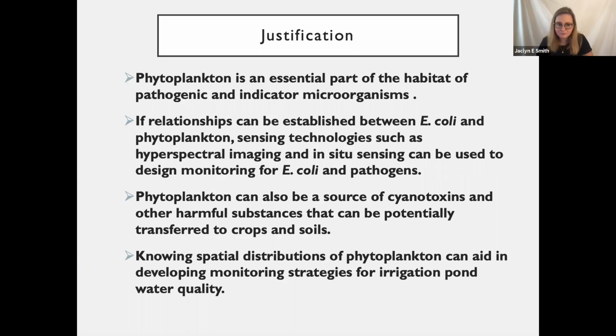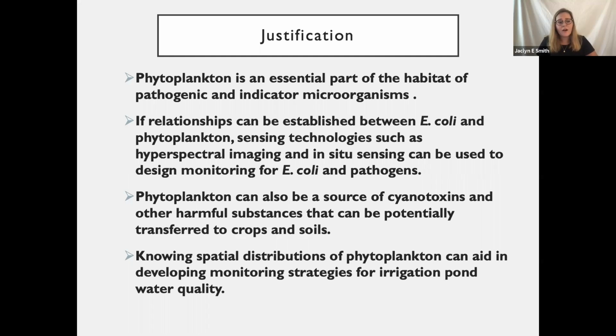So why does this matter? Phytoplankton are an essential part of the habitat in which pathogenic and indicator microorganisms live. So if we can establish a relationship between the phytoplankton and the E. coli, we can possibly use sensing technologies such as hyperspectral imaging or even in situ sensing to help design monitoring techniques and protocols for E. coli as well as pathogens.